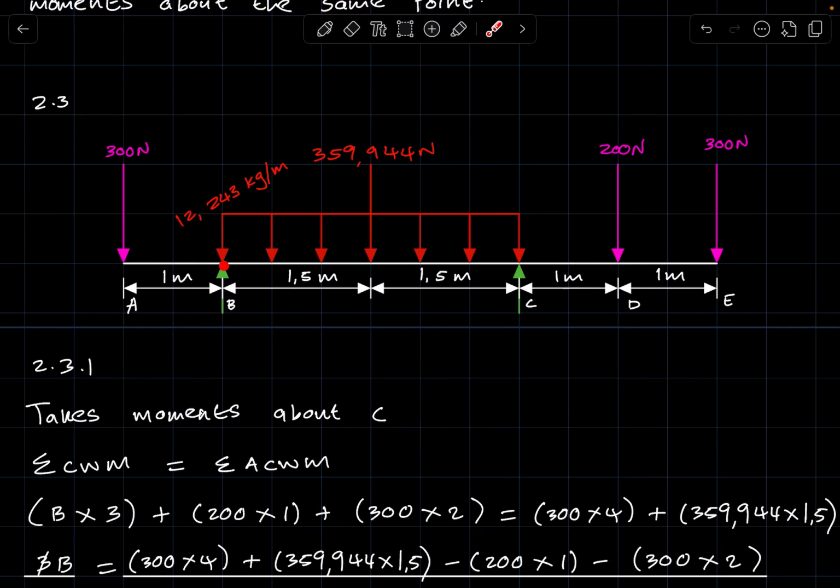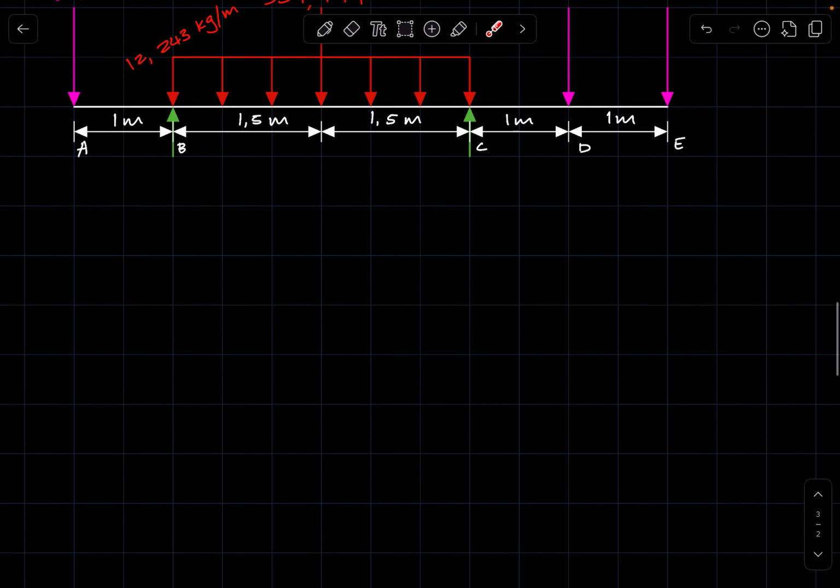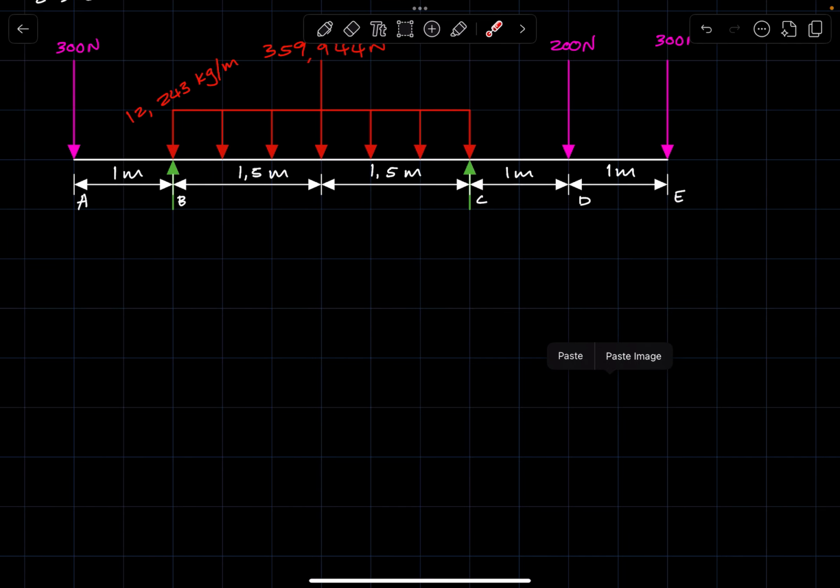Here you have a reaction, so it's a critical point also. This is the beginning of a UDL, making this a critical point. This is the end of a UDL, making it a critical point. Aside from that, you also have a reaction, making this a critical point. You have a point load here, making this point a critical point. This is the end of the beam, making it a critical point. Also, you have a point load at this point, making it a critical point. All right. So the points that I've labeled here are all critical points on the beam.